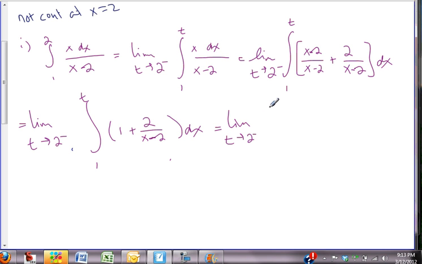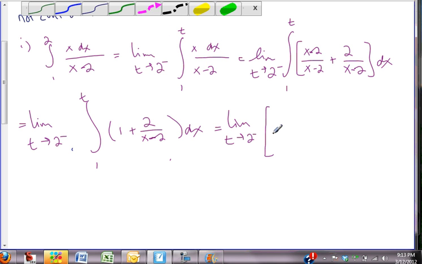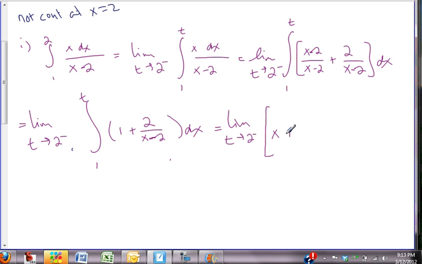well, when I integrate that, what do I get? Oh, I'm integrating with respect to x. Start it again. And if I integrate that, I get x plus 2 ln of absolute value x minus 2. And of course, the derivative of x minus 2 is just 1, so I have no constant to worry about there. And that's from 1 to t.